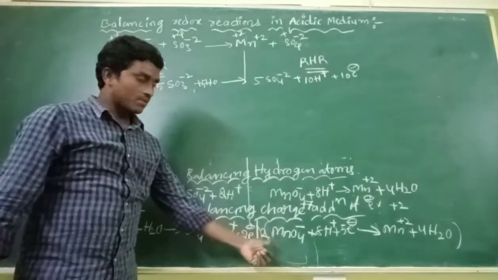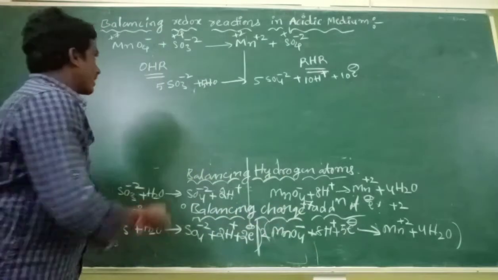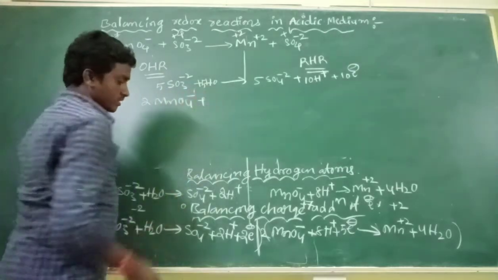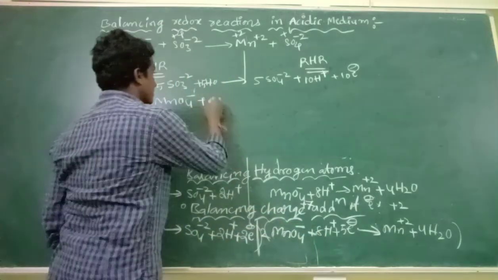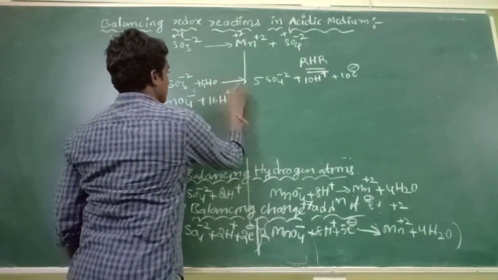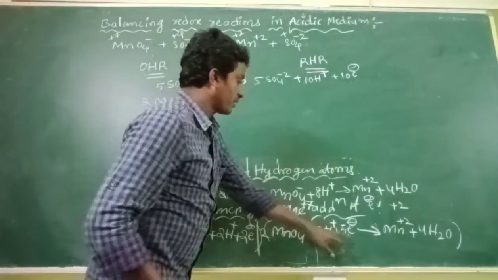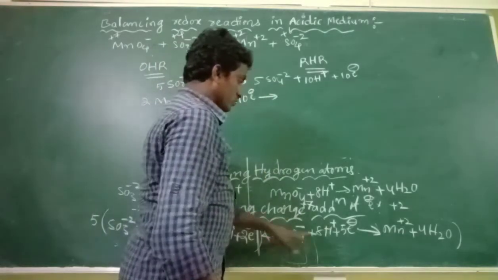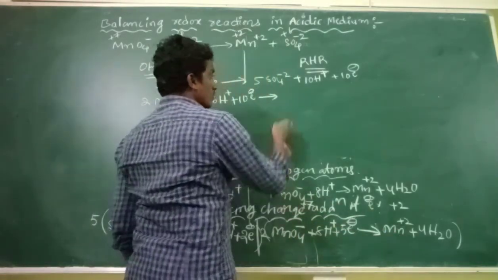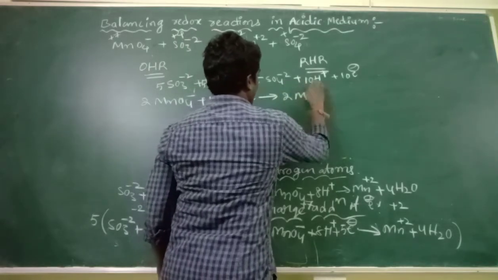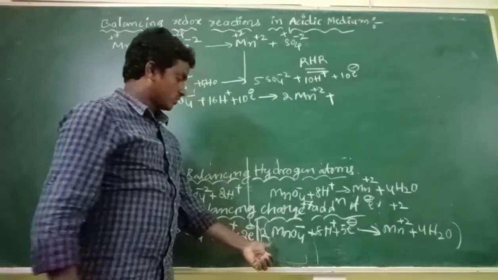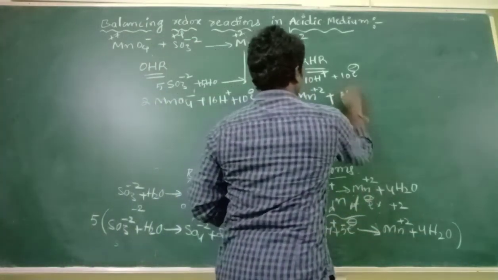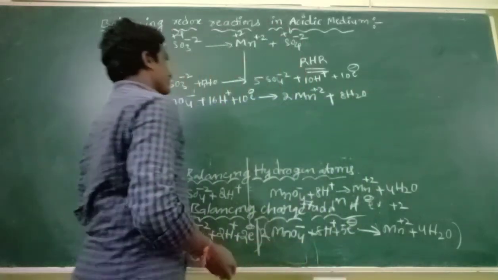Okay, this total equation multiplied by 2: 2MnO4 minus plus 2 into 8, 16H plus, and plus 2 into 5, 10 electrons, gives 2 into 1, 2 Mn plus 2, plus 2 into 4, 8H2O.